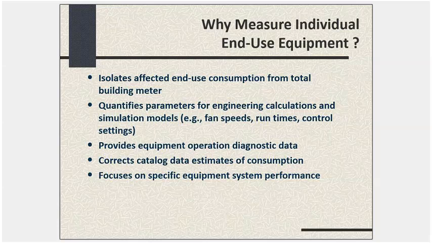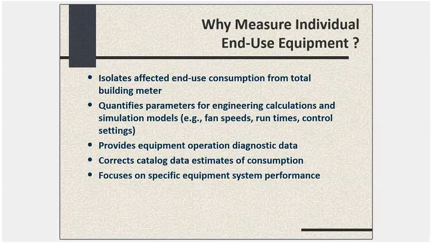Also, it quantifies parameters for engineering calculations and simulation models, like a runtime or a fan speed or a control setting. It can give you good data on what's going on with the equipment itself, if you're taking spot measurements. And sometimes, especially with lighting, people like to rely on catalog data for estimates of consumption.